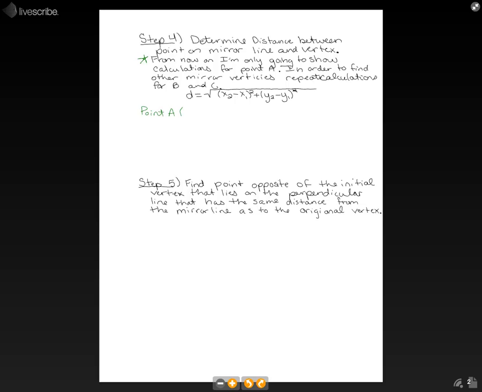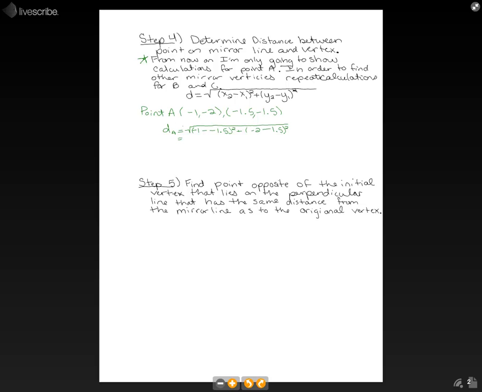So for point A, we know we're going to find the distance between points negative 1, negative 2, and where it intersects the mirror line, which is at negative 1.5, negative 1.5. So the distance for line A is going to be equal to the square root of negative 1 minus negative 1.5 squared plus negative 2 minus negative 1.5 squared.